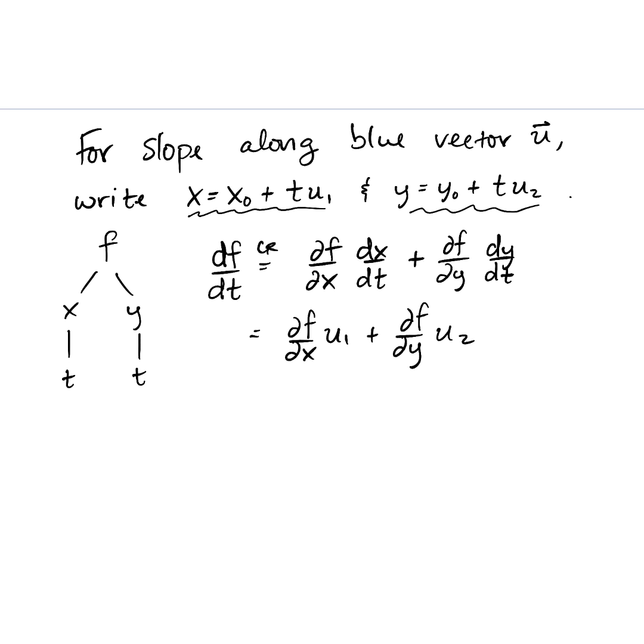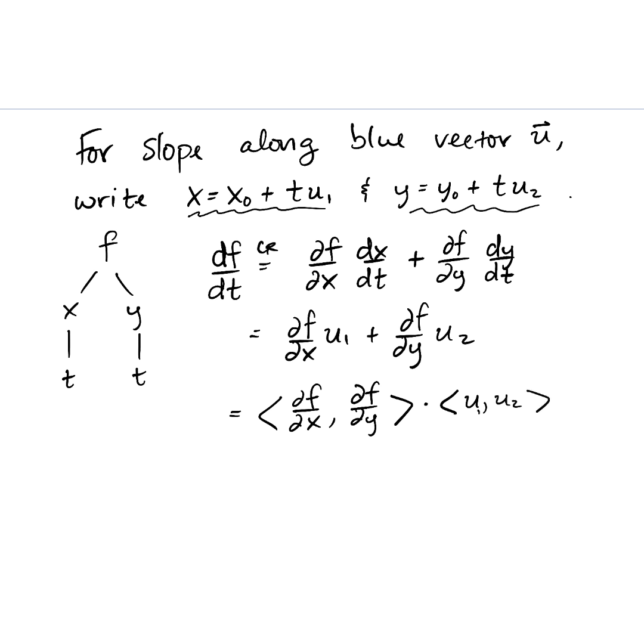And so you see, this is a dot product of the vector whose coordinates are just the partials, the good old-fashioned section 14.3 partials, dotted with the vector whose coordinates are u1 and u2.